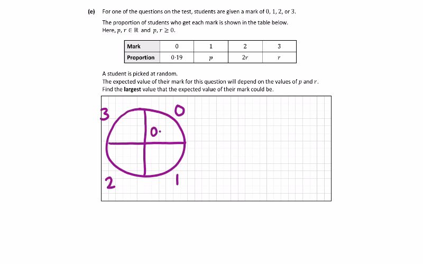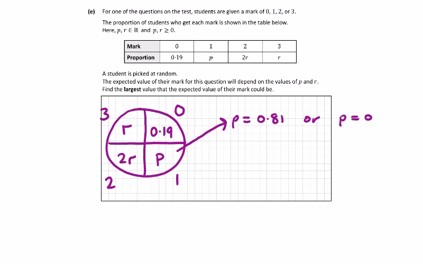There's 0.19 getting 0, P are getting 1, 2R are getting 2, and 3 is just R. So I think if we focus on P here, we're asked for the largest value of the expected mark. Well, P could be equal to 0.81, or P could be equal to 0. The max and min is, I think, the quickest way to do it.